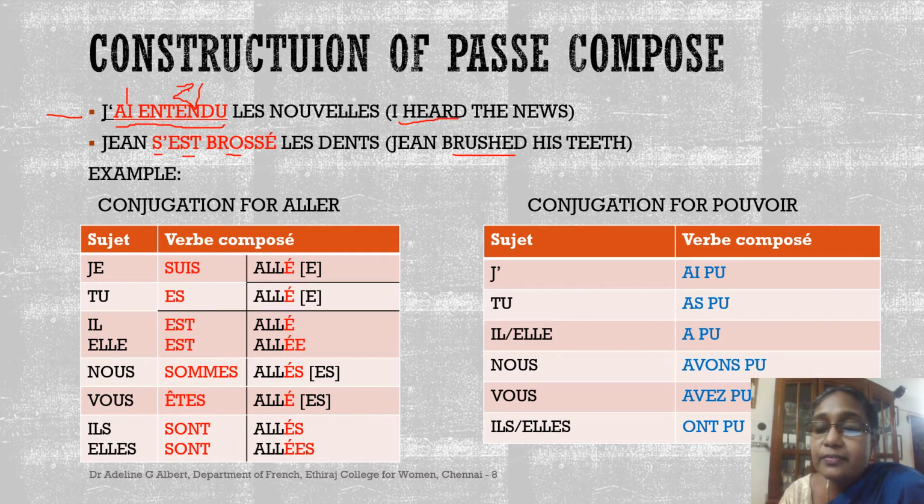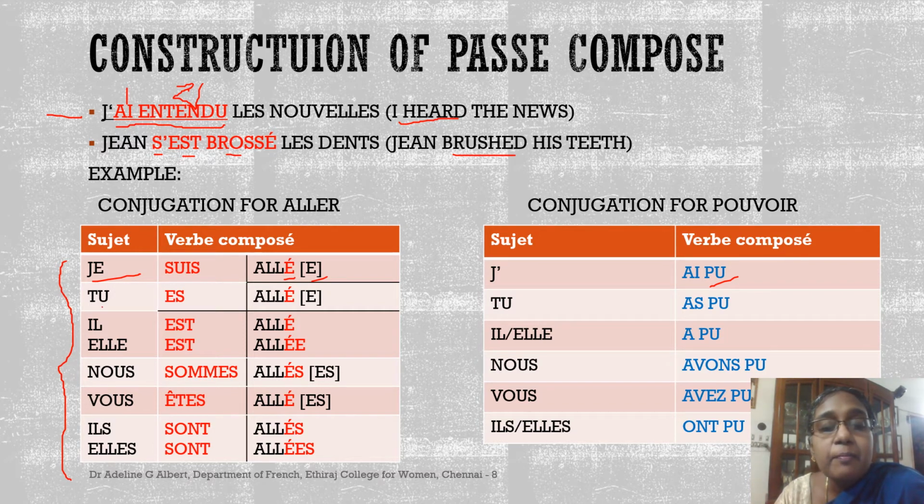Now, what is the basic difference between these two? Look at the ending of your past participle. For être verbs, if je is feminine, I have to add an extra e. For avoir, I do not have this problem.